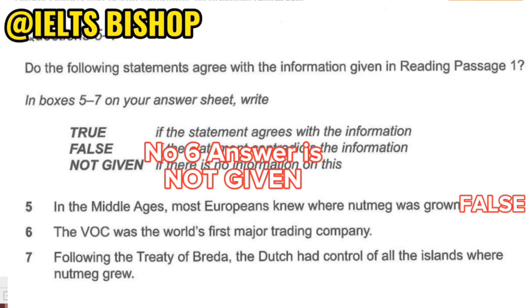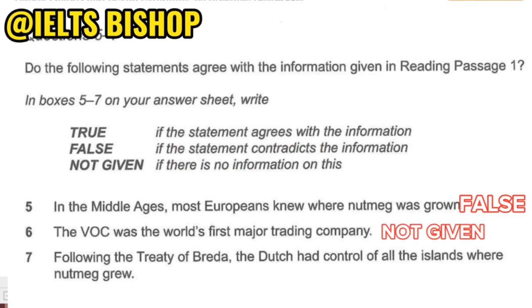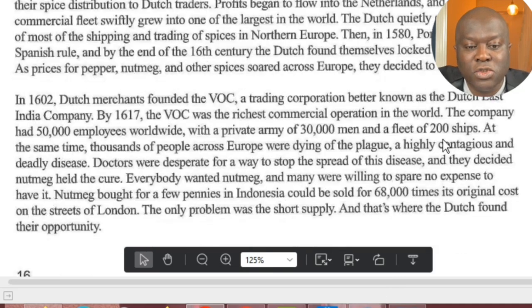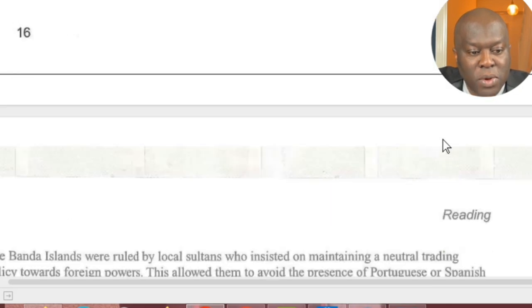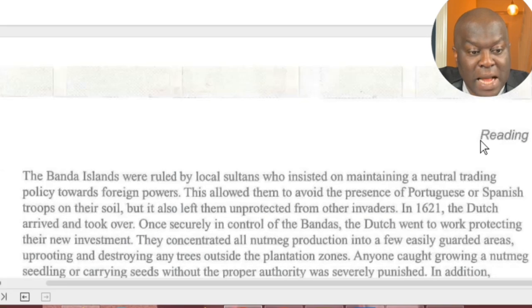All right. So let's look at the third question. It says, following the Treaty of Breda, the Dutch had control of all the island where nutmeg grew. I'm going to underline Treaty of Breda, Dutch, and nutmeg. So let's go down and see if we will find Treaty of Breda. Now, they say the Banda Island.